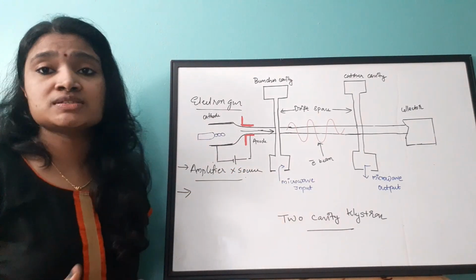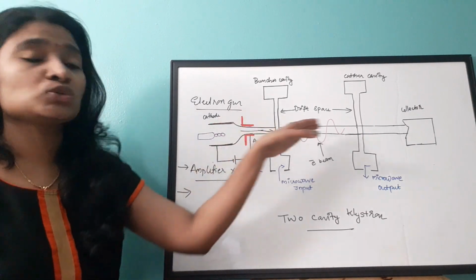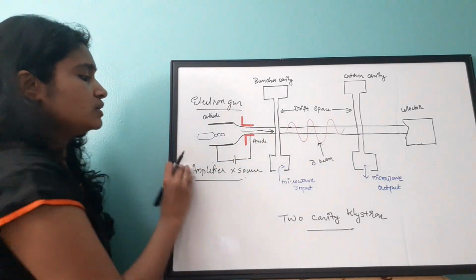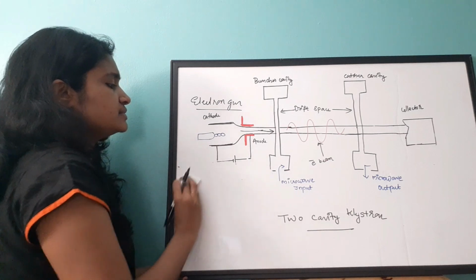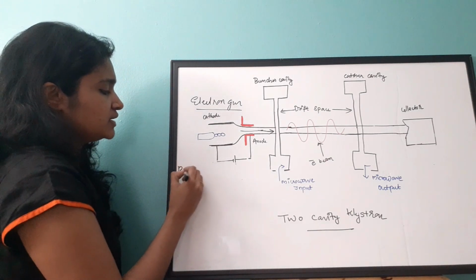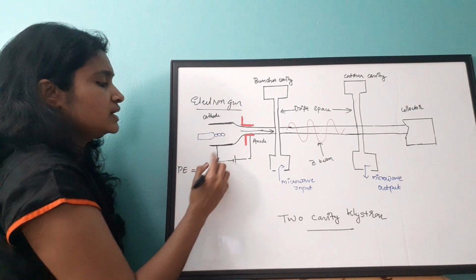Now, what is the velocity of movement of the electron beam or the electrons? It is simply a conversion of energy.